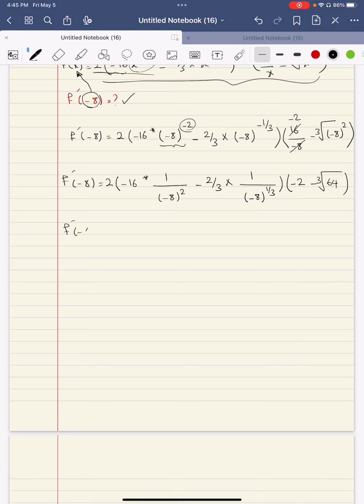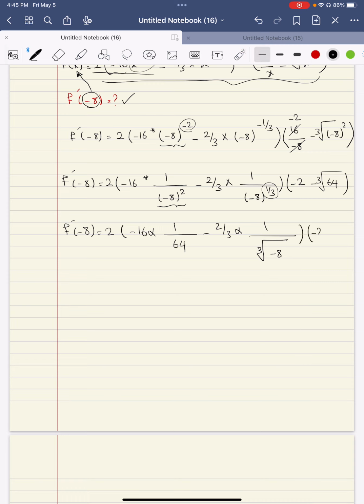F prime of negative 8 would be 2 times negative 16 times 1 over negative 8 to the power of 2, which would be 64 again, minus 2 over 3 times 1 over the power of 1 over 3. I can write it as a root, like this. 1 over 3 goes as the root in here.